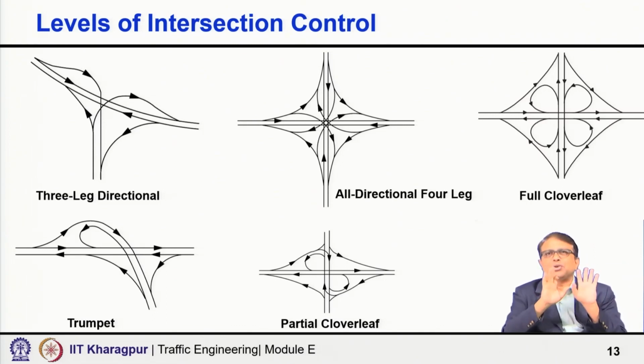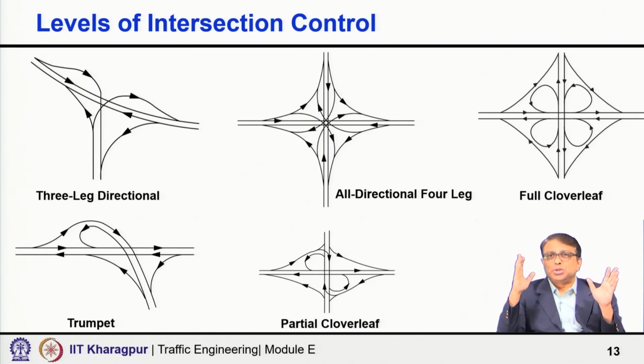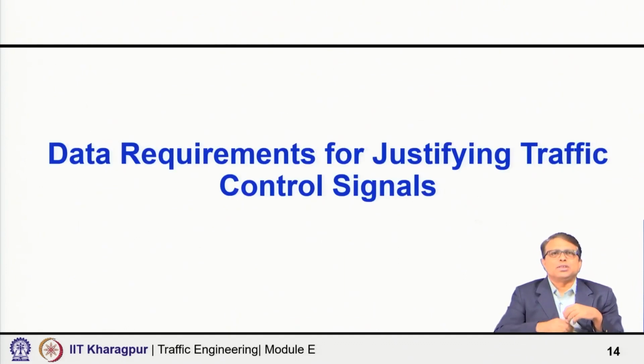So, a good number of conflicts is eliminated, and the remaining traffic may even be at grade, because half of the traffic volume is taken away by the grade separated facility, and then the remaining traffic is manageable. So, you may not always go for all movements through grade separators and interchanges, it depends. A variety of layouts and possibilities are there for developing the grade separated intersection.